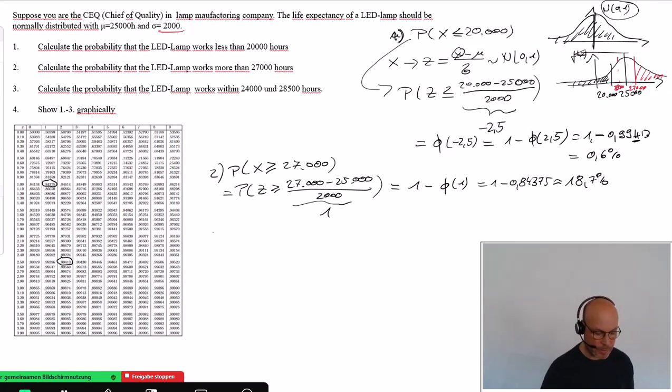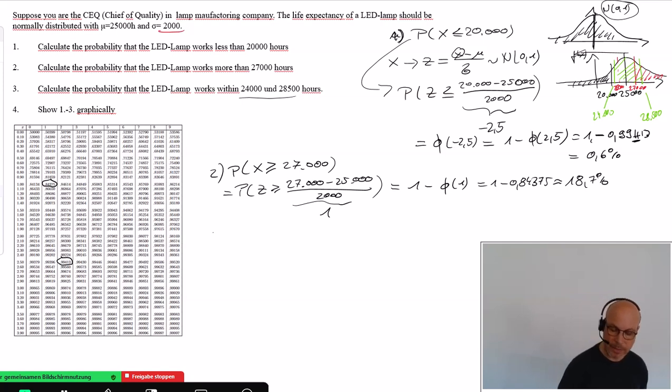And the last one, within an interval of 24,000 up to 28,500. And last color, let's take green. So 24,000 is maybe here, and 28,500. So we will just need this one.